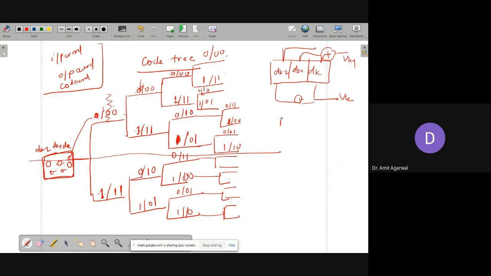You can understand it like this: 1 x d_{k-2} d_{k-1} d_k, and 0 d_{k-2} d_{k-1} d_k. Because the output only depends on these three, what the bits were before time t equal to 0 does not affect your output. It is happening like this because you are seeing only three, right?